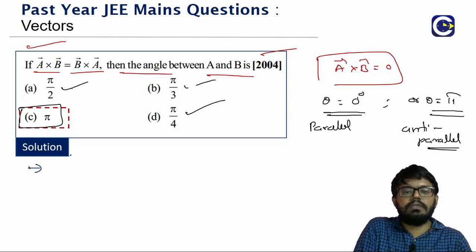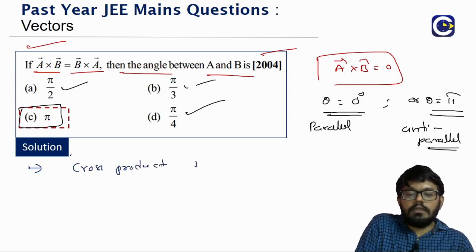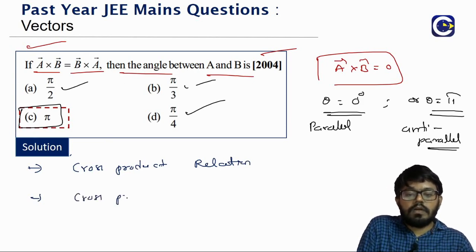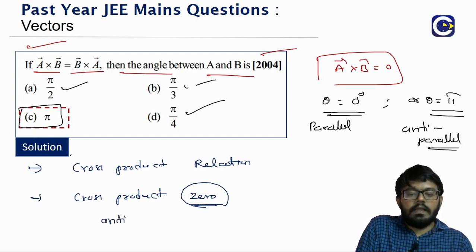Okay, so let's see, here what is the concept we used? The cross product relation, and the other thing is cross product 0. Basically this is the condition that we use for the parallel or anti-parallel.